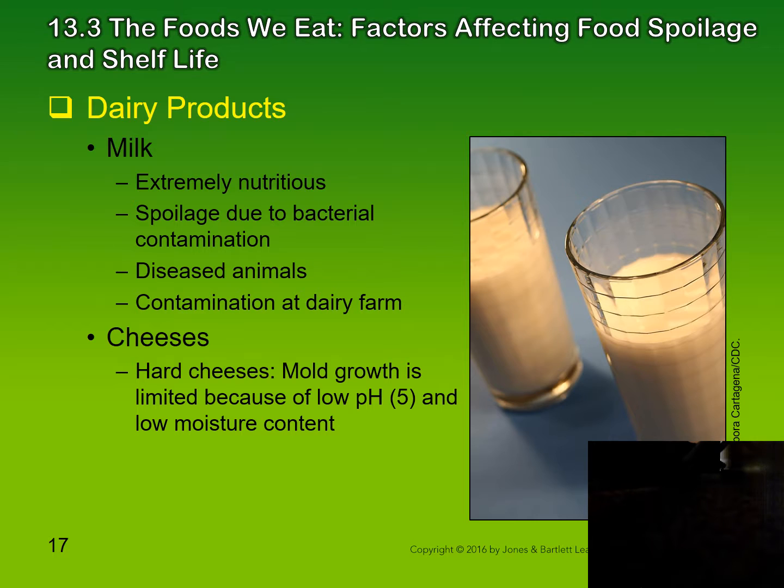But even though cheese was in a way developed so that its low moisture content would allow the milk to survive longer, you're not going to be able to keep cheese forever.